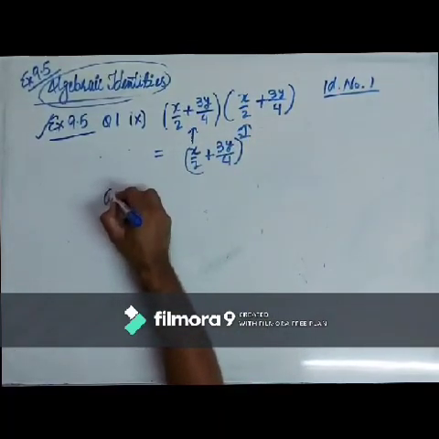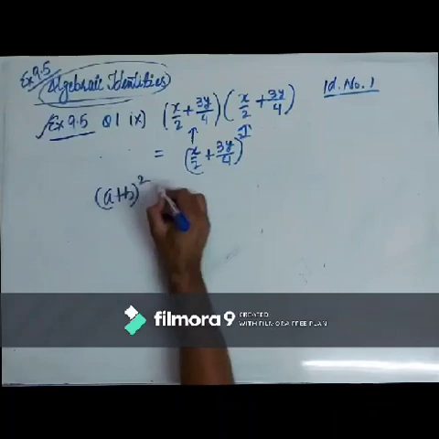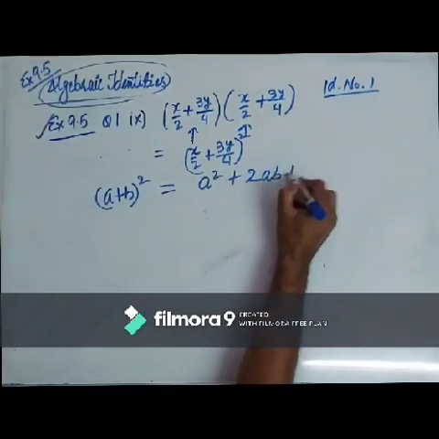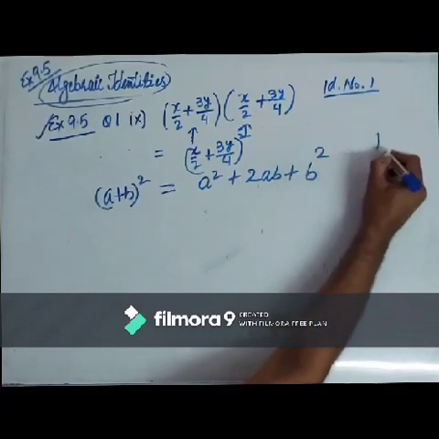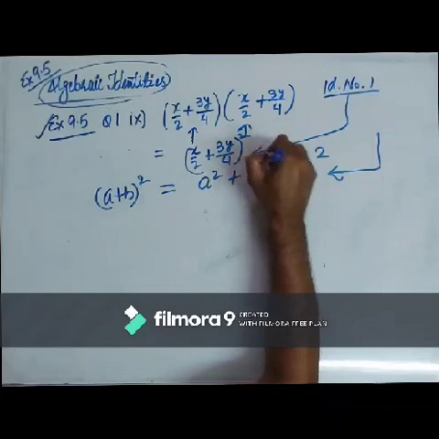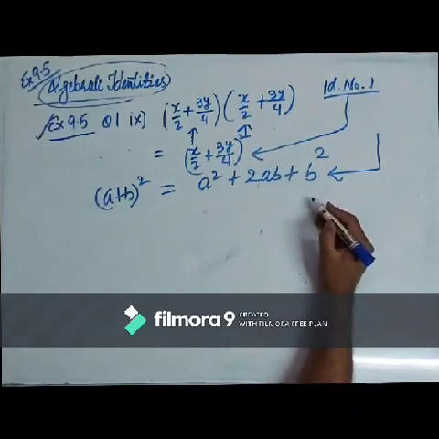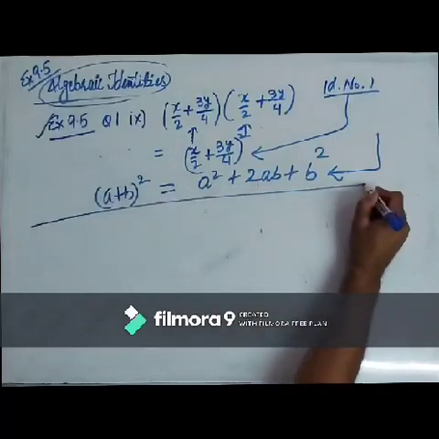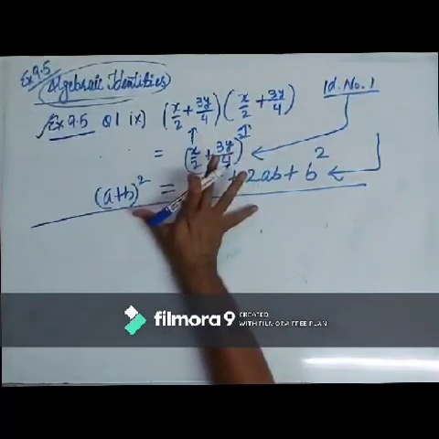So if I remember, (a plus b) whole square is equal to a square plus 2ab plus b square. I am just trying to write the identity every time, the identity which the question is resembling. You just try to put this identity first.